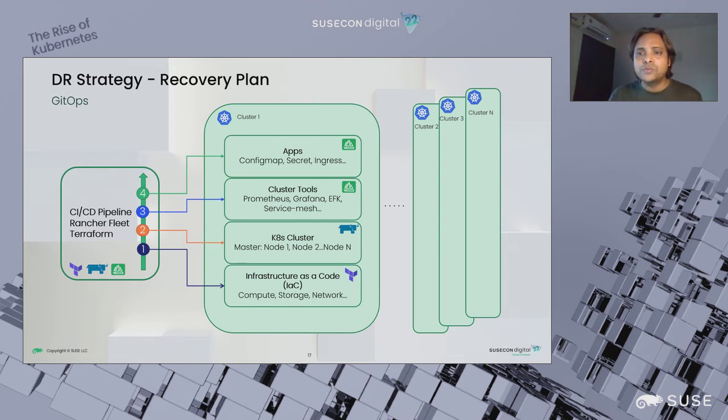Using those tools, we can build the underlying infrastructure in a couple of minutes. And on top of that, we can just build the Kubernetes cluster. Once the Kubernetes cluster is available, then definitely we need to arrange for all those required applications which support your cluster, mainly known as the cluster tooling. And once everything is set up on top of this, we can just deploy our workload, and we are back to the business.